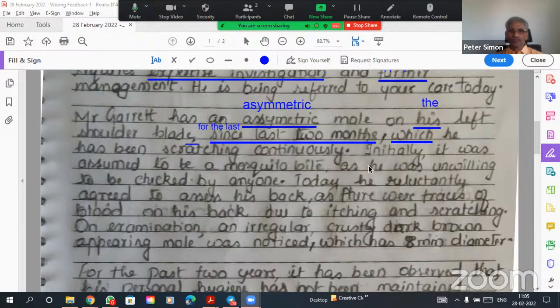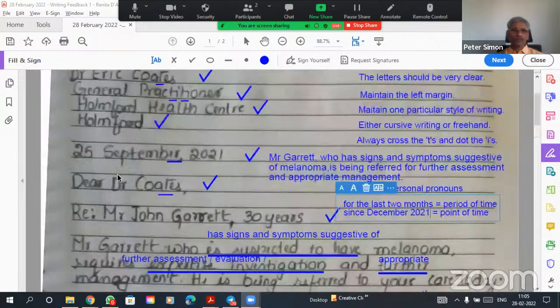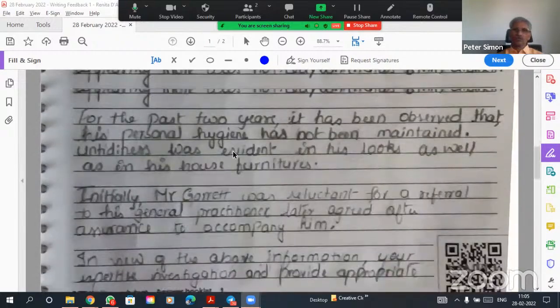The next one. Mr. Garrett has an asymmetric mole on the left shoulder blade for the last 2 months. Okay, for the last 2 months, or since you can say July 2021.